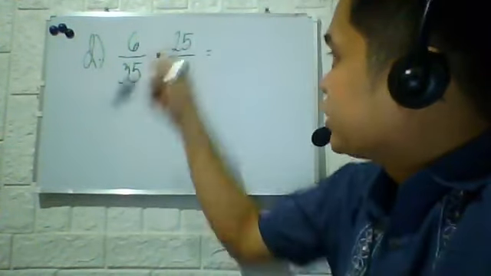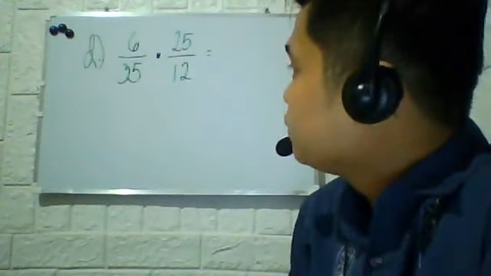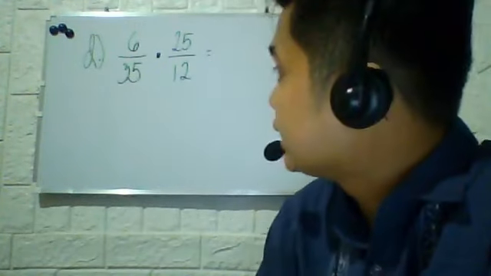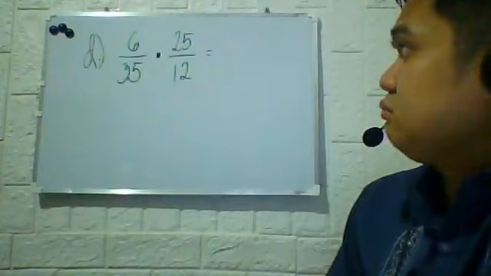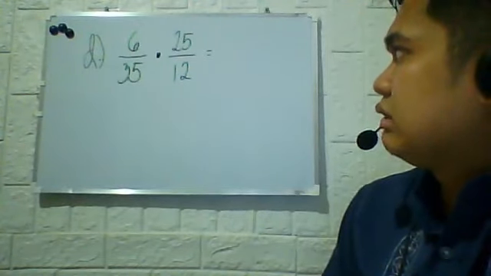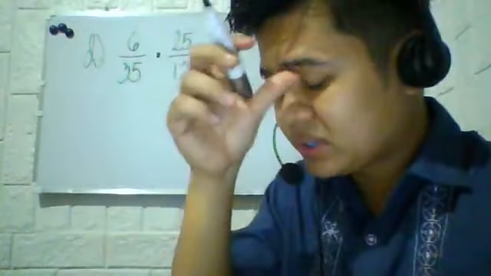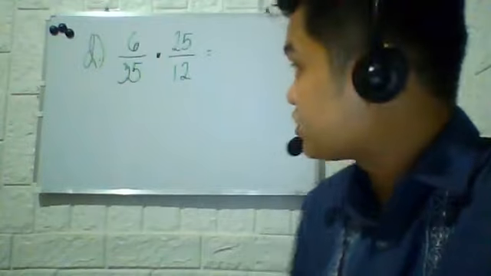If you multiply 6 by 25, that's gonna give you 150 already. And if you multiply naman 35 by 12, that's gonna give you 420. Tama ba? 420. And we don't wanna get those numbers kasi napakalaki. Mahihirapan tayong mag-simplify. Better, we simplify first.